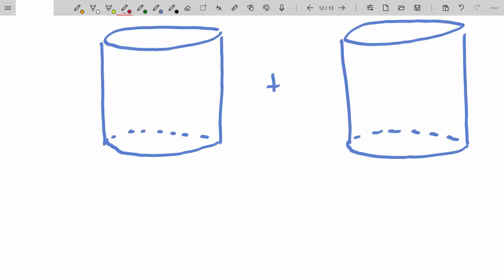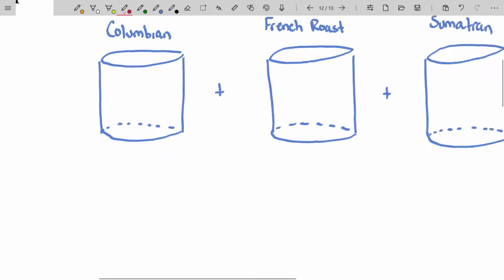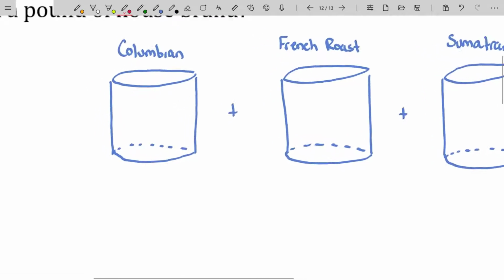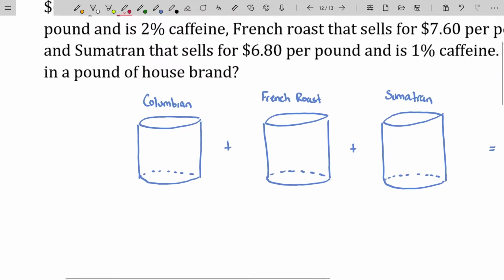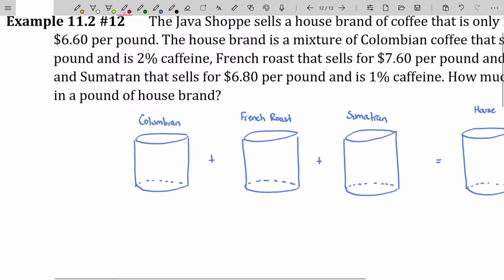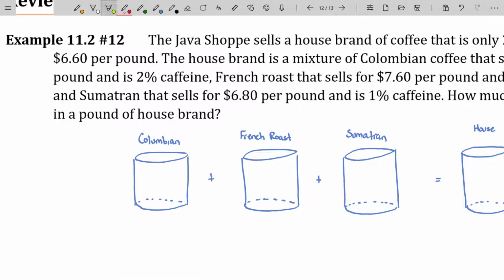Now, I often think of this as if I walked into a store. Normally at the bottom of a package, they'd say how many pounds of this item there is. And let's make sure that pounds are what we're dealing with. Yeah, notice that in the language of the problem, it says per pound. So I'm going to go ahead and say that we have so many pounds of each of these.